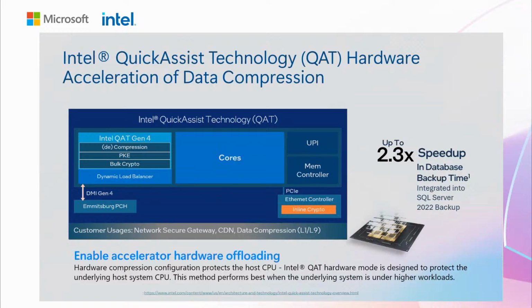This task can be completely performed by the device, and it provides hardware acceleration by offloading the task from the CPU to the device. The best use case is when the underlying system load is quite high, or the CPU utilization is very high. With this, we see a speed up in database backup time, which is around 2.3%. We're going to talk a little bit more about that when we conclude the demo.